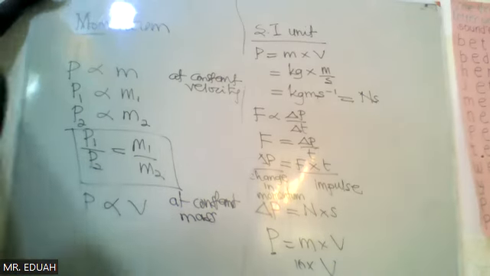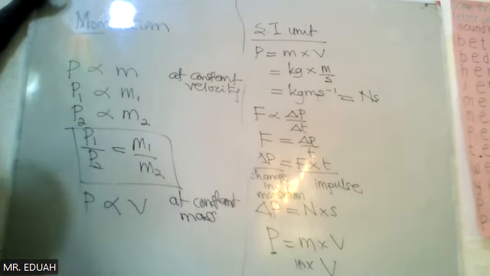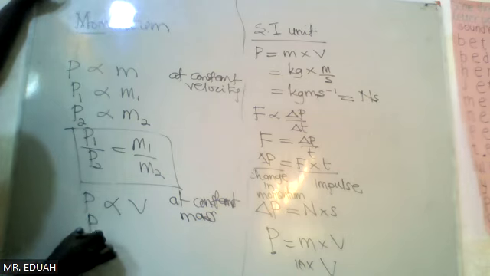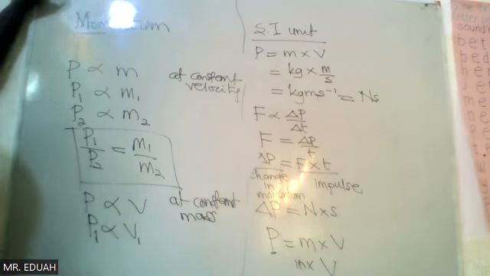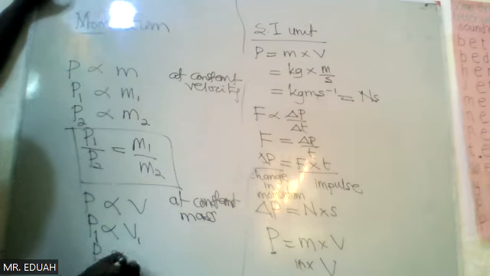So if you have two bodies with the same mass, then the momentum of the first one is directly proportional to the velocity of the first one, and the momentum of the second one is directly proportional to the velocity of the second one.